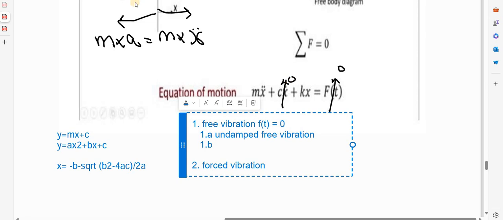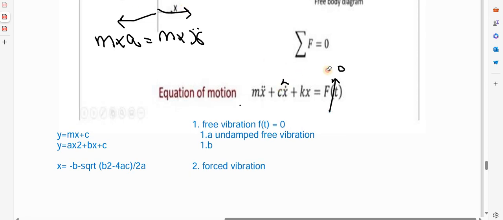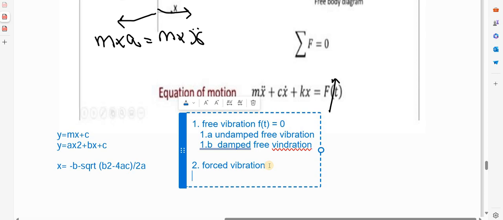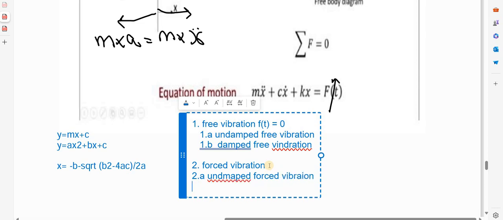Next, if c is not 0, there is damping, then it is damped free vibration. Similarly, in forced vibration also there will be undamped forced vibration, and the other is damped forced vibration. So these are the four conditions.